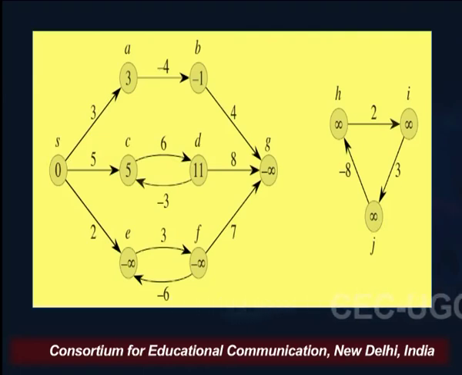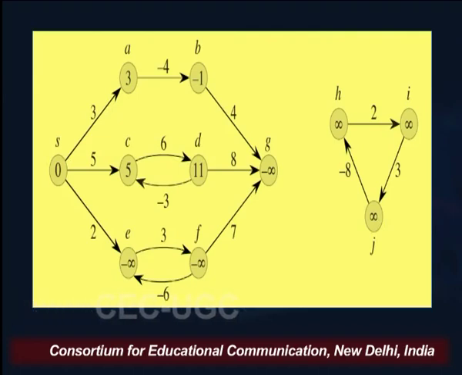That means H, I, J are not reachable from S, so delta(U, V), the path weight from U to V, will be infinity, because these vertices are not even reachable.